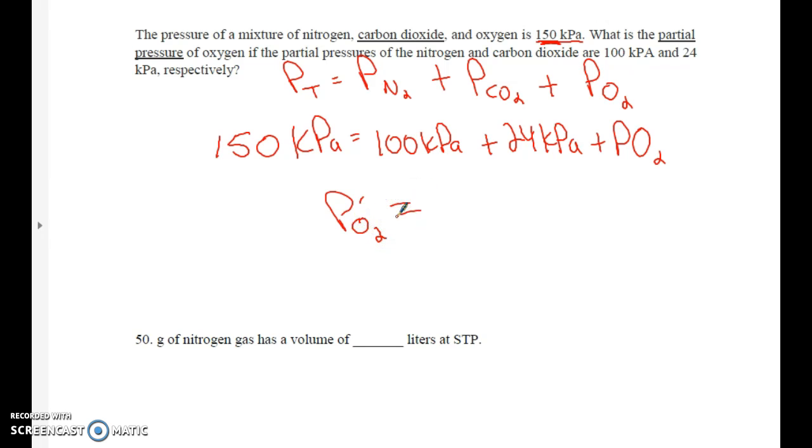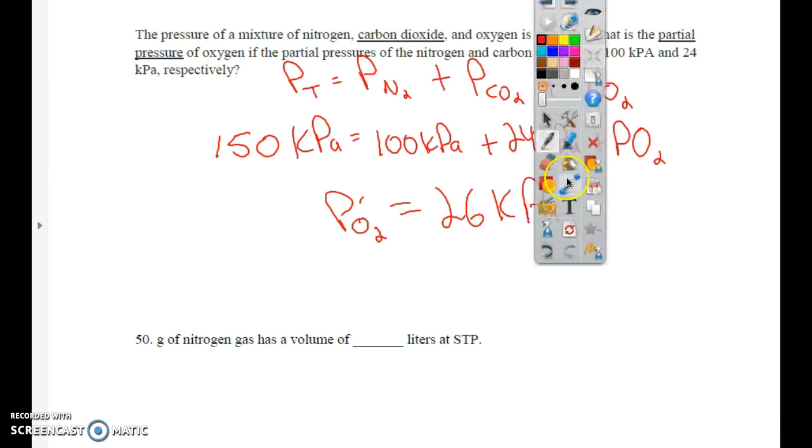So the partial pressure of O2 should just end up being 26 kilopascals. Dalton's law just says the partial pressures of the individual gases add up to a total pressure. So that one's pretty straightforward. Just pay attention that when you add or subtract, you go by decimal places and not significant digits.